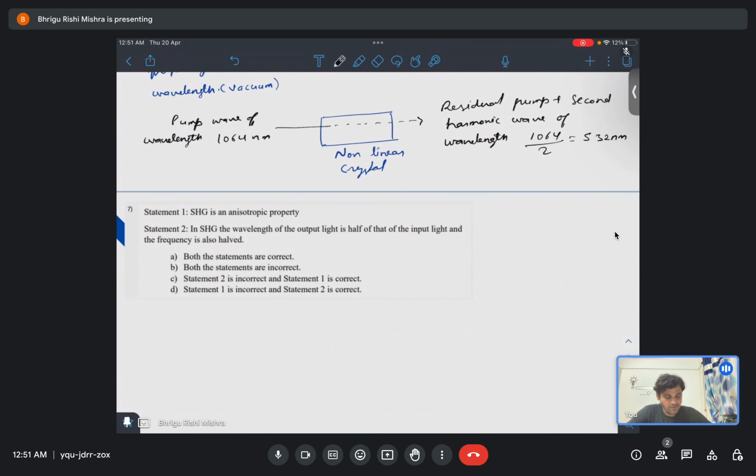So statement 1 is correct. Statement 2, in SHG the wavelength of the output light is half of that of the input light, and the frequency is also halved. The first part is correct, but the second part, that frequency is also halved, is incorrect. So statement 2 is incorrect and statement 1 is correct. So the correct option is option C.